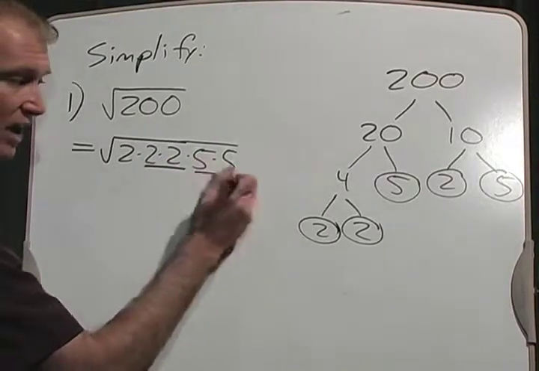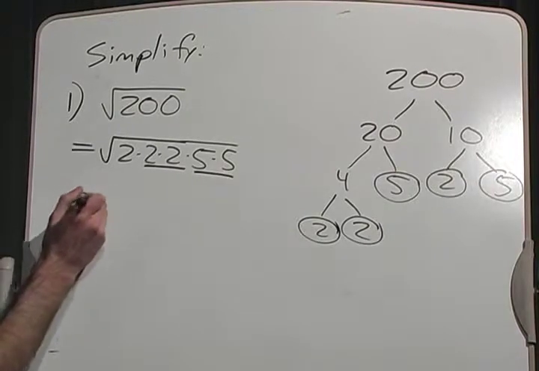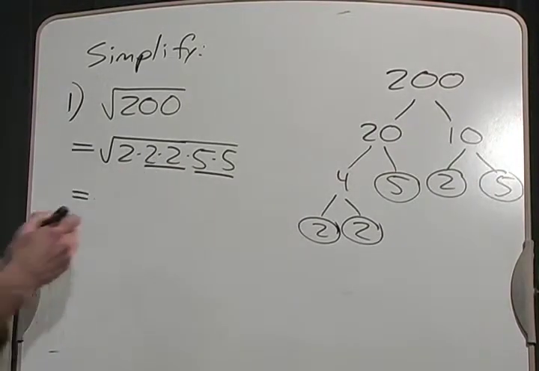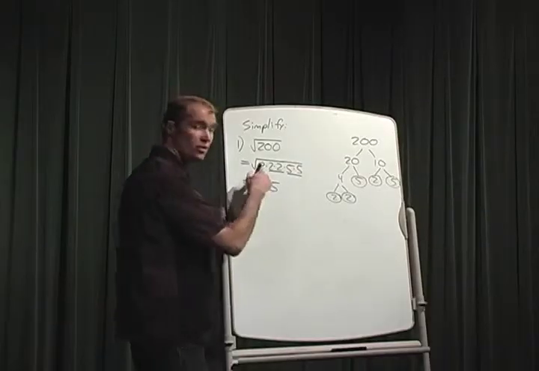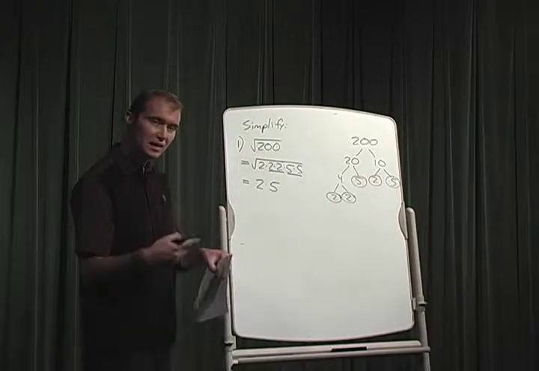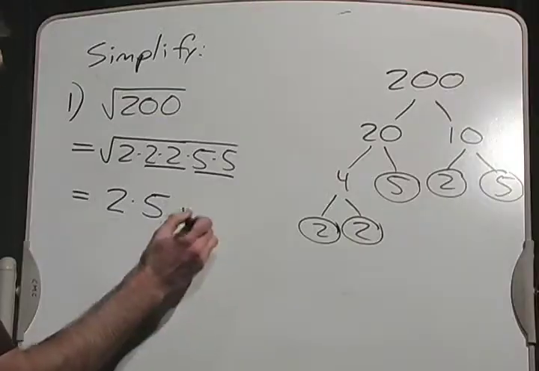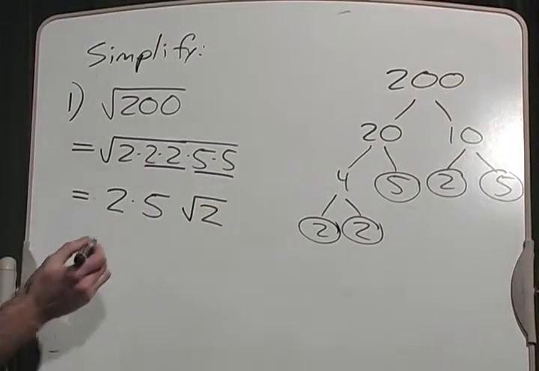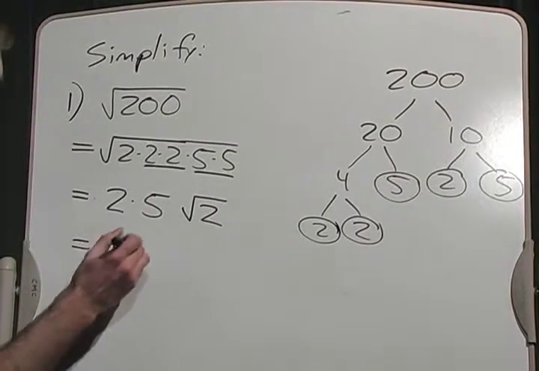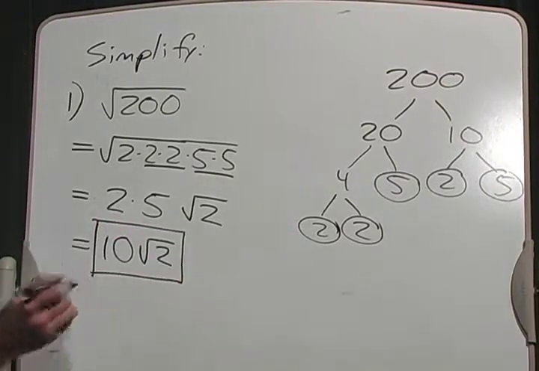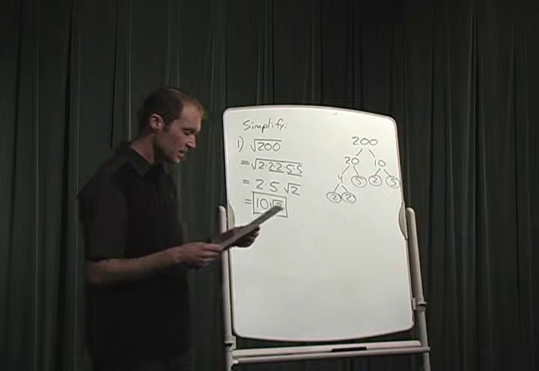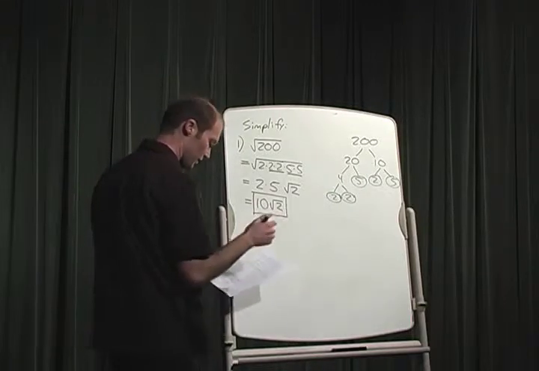I see a pair of 5's right here. For each pair, one representative comes out. So this is going to be 2 times 5. This 2 is unpaired. It remains underneath the radical. My final answer is going to be 10 root 2. Now, let me see if I could do 2 more problems.